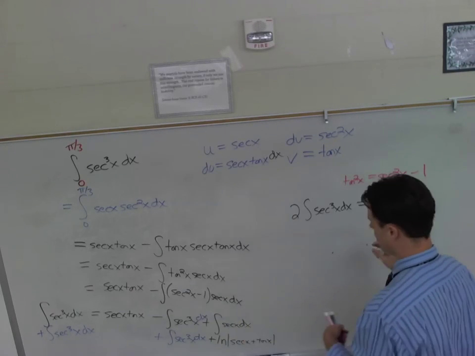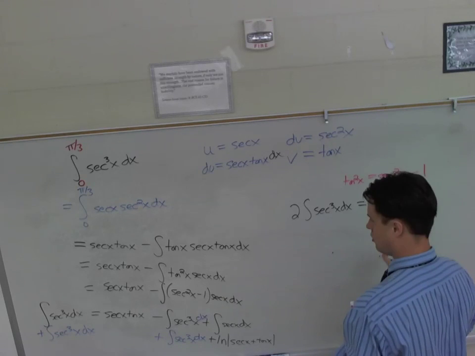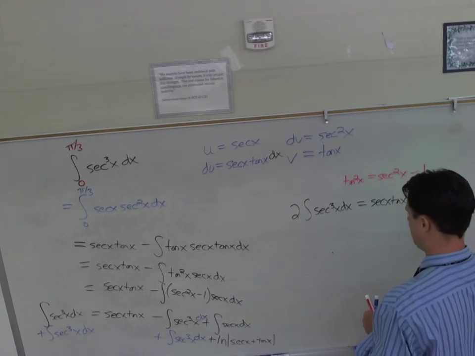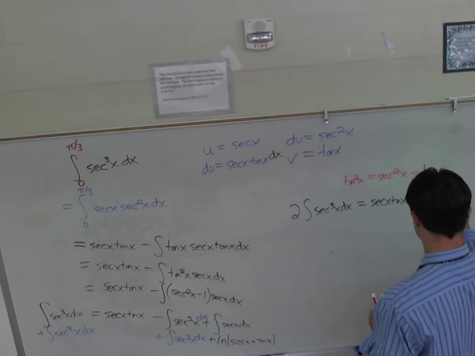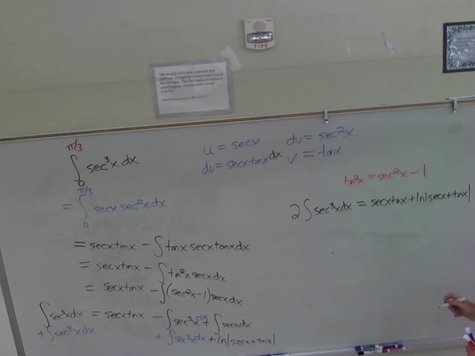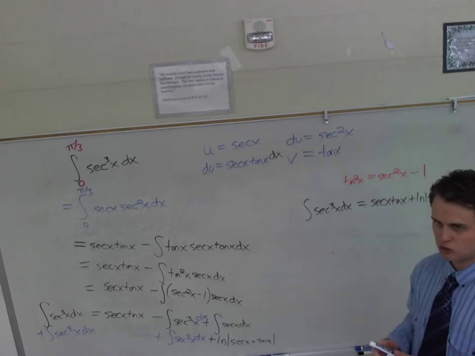And then we have a whole bunch of stuff we finished over here: secant x, tangent x, and we have our plus natural log thing, and we have a plus c. So the only thing left to do is, hey, we didn't want 2 of those, we wanted just the integral of that.